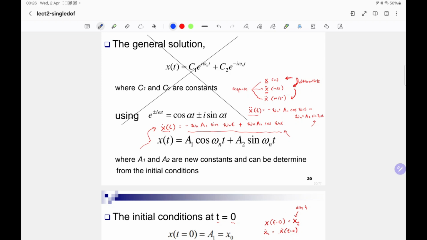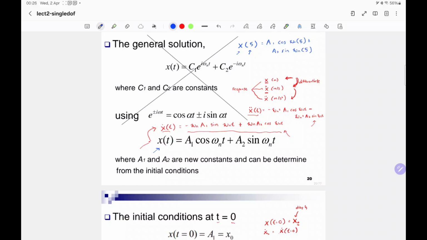For example, if the question asks you to find the displacement at 5 seconds, it means that you need to identify the x when the time is 5 seconds. So it becomes a1 cos omega n multiplied with 5 seconds plus a2 sine omega n 5 seconds.